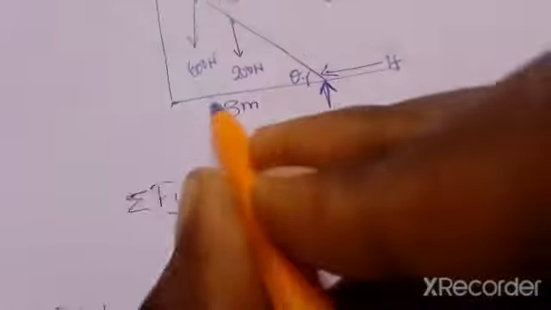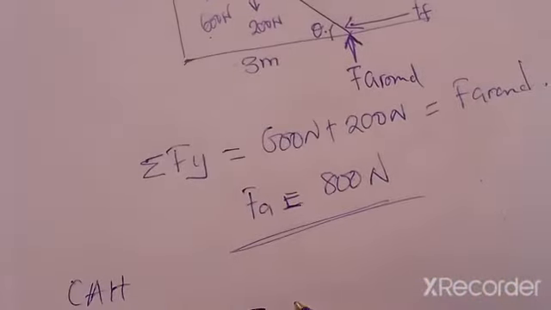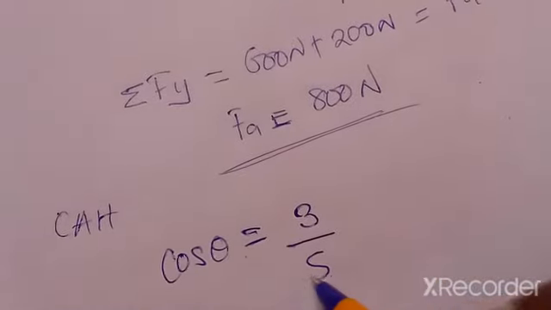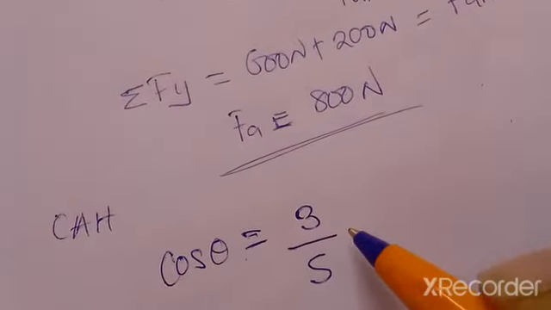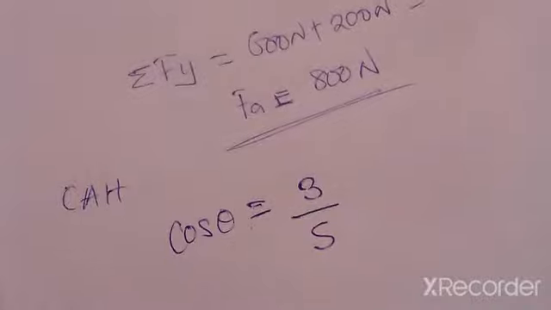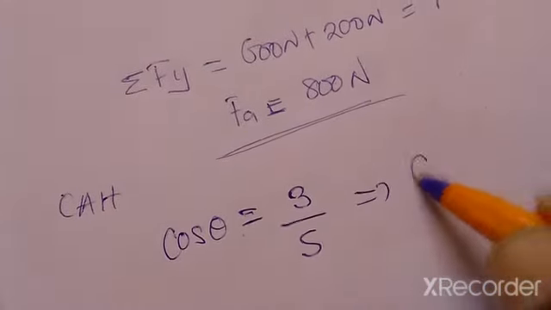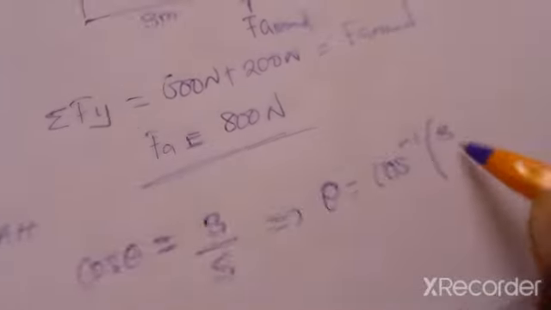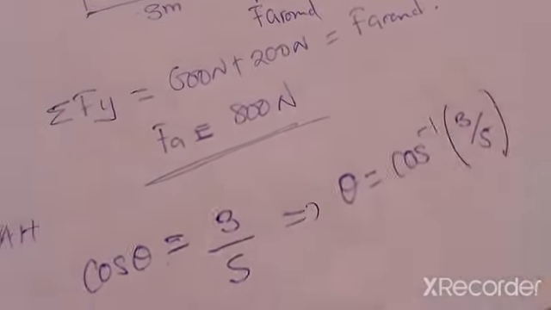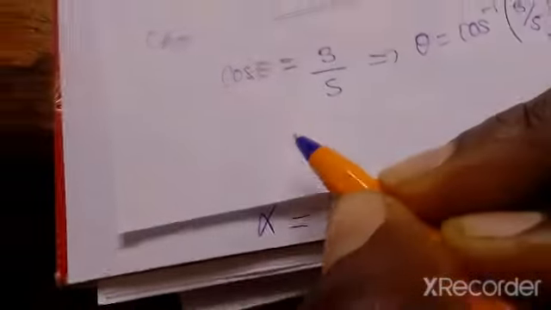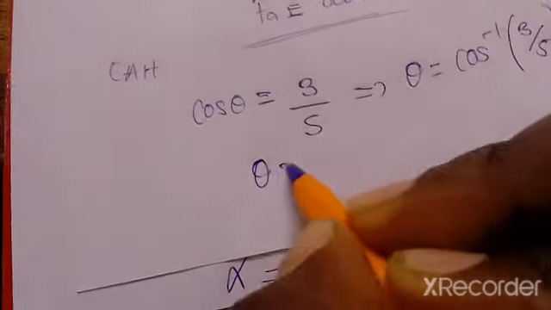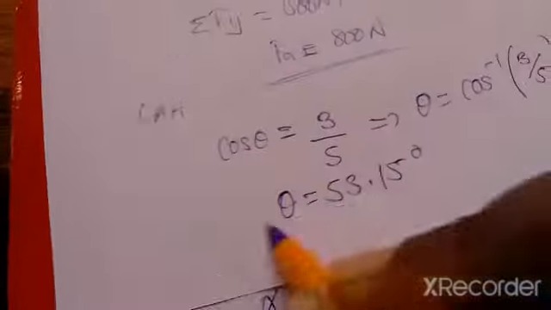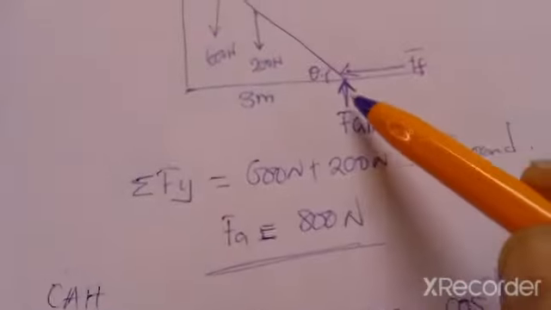So we have the adjacent, which is 3 meters, and the hypotenuse, which is 5 meters. Meaning that theta is going to be equal to cos inverse of 3 divided by 5. And if we simplify, we find that theta is equal to 53.15 degrees. So that's the angle here.